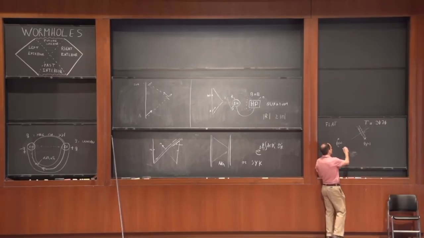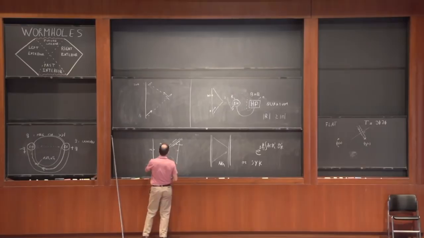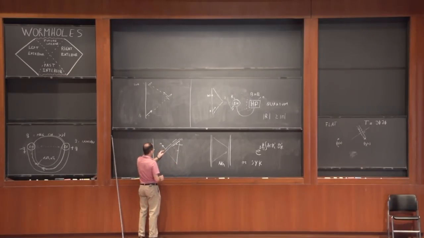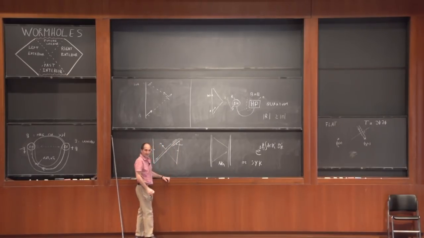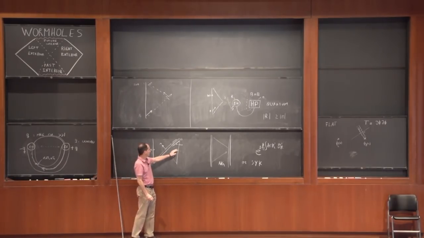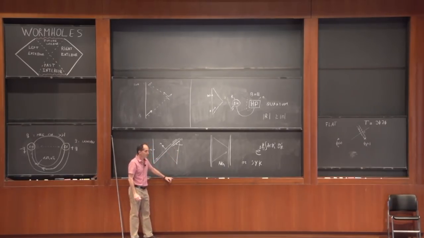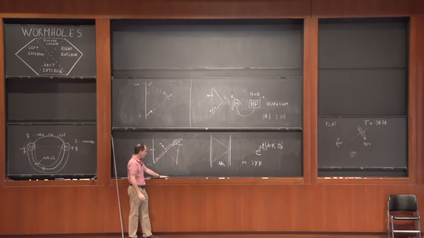So what's important for all these traversability discussions, I didn't say, but if we want to check whether we can send a signal from the left to the right, what we really care about is the integral of the null energy, the same integral that appears in the null energy condition. We want that to be negative. And if you do only things here on the right, you cannot get it to be negative. Because in the full Hilbert space of the theory in the interior, the null energy is a positive operator, okay?